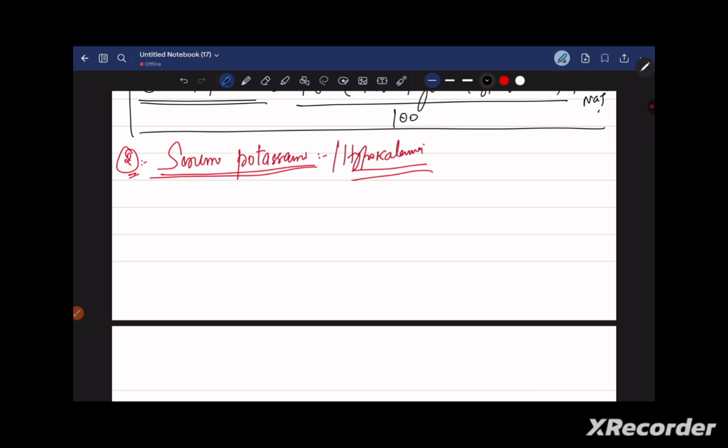These lead to increased osmolality of the extracellular fluid and drag the water, and along with the water, potassium also follows. So there will be osmotic diuresis, meaning increased water loss through the urine, and the potassium will also follow. That will lead to hypokalemia. But remember, initially there is hyperkalemia.